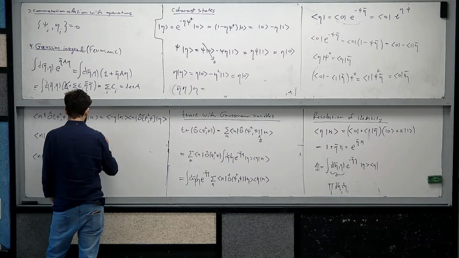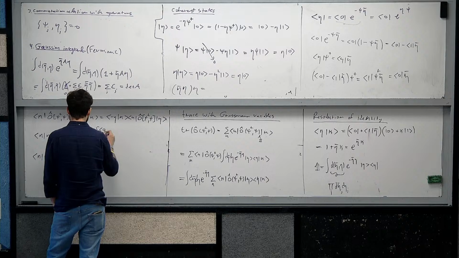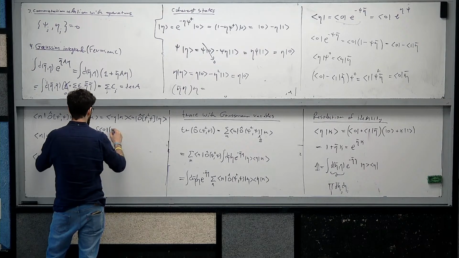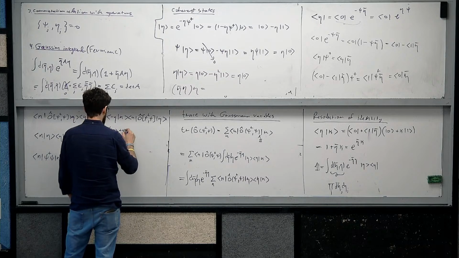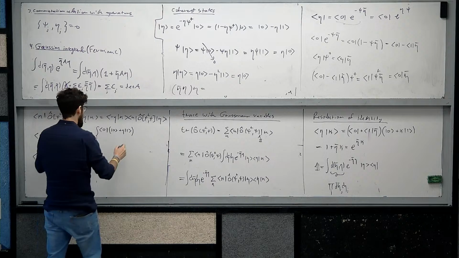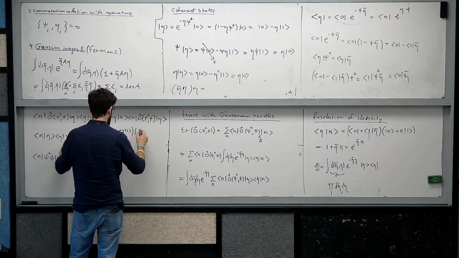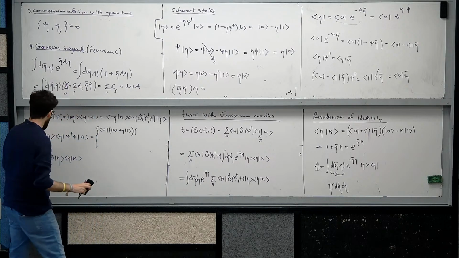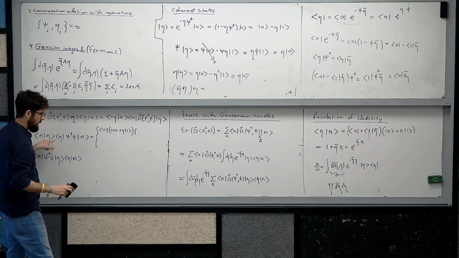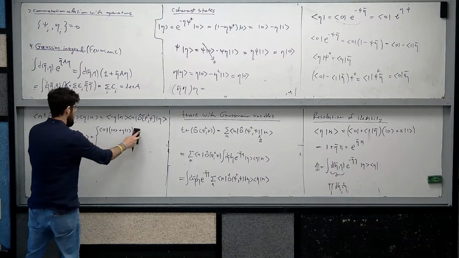I have two cases. I have 0 times 0 plus eta 1 times. This gives me 1 and this gives me 0, so I get 0.